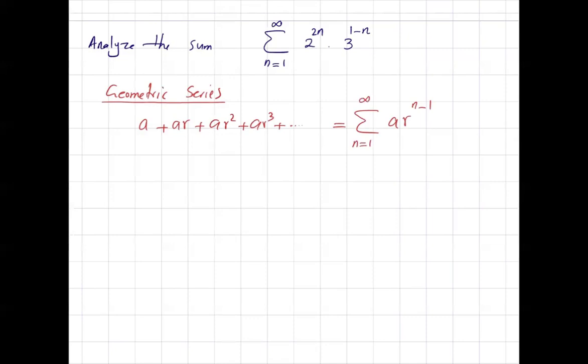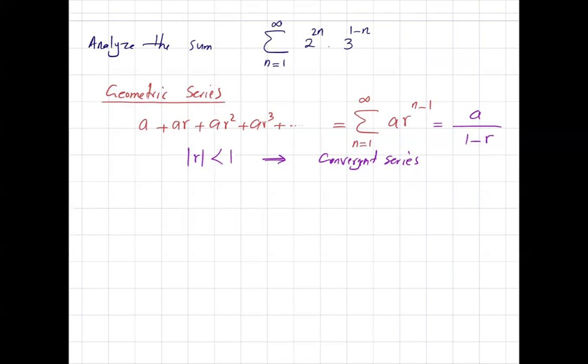And we saw that if the absolute value of R is less than 1, then you have a convergent sum or convergent series. This is A divided by 1 minus R. So our goal is to try to write this series in the form of a geometric series.